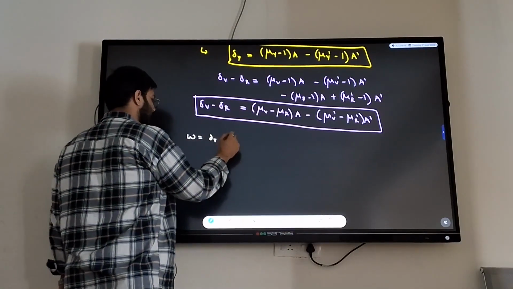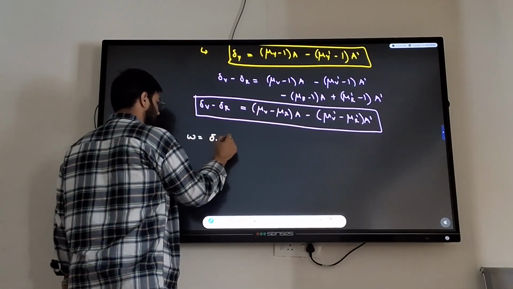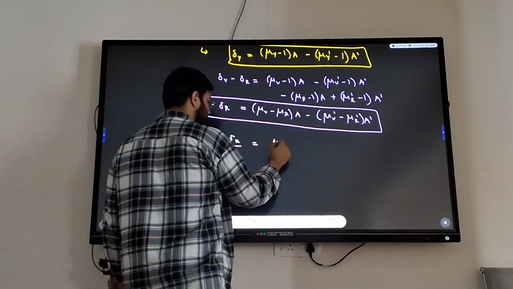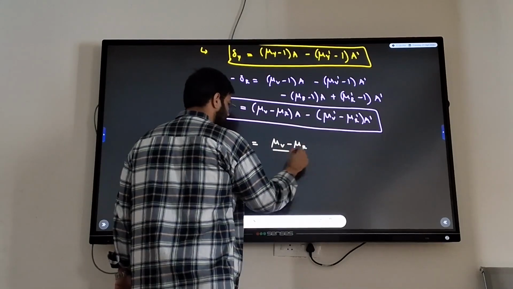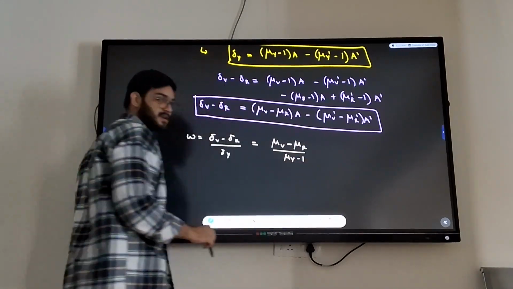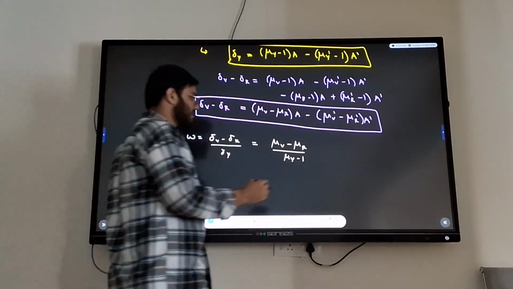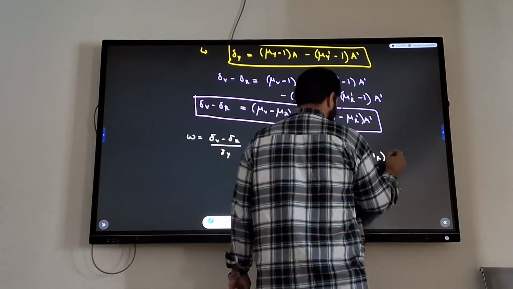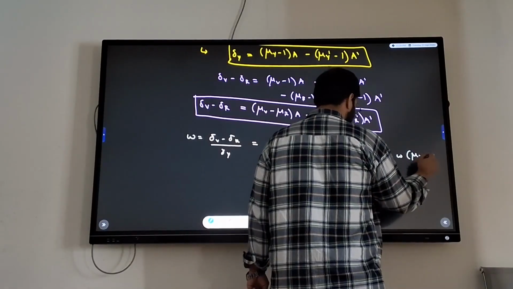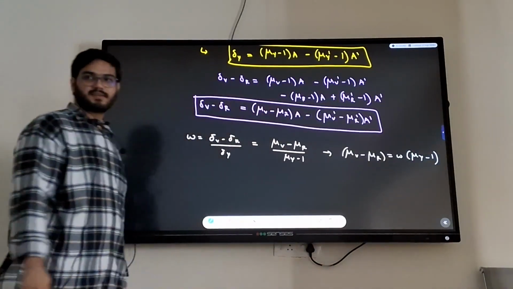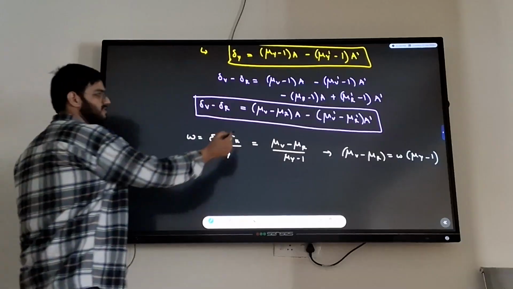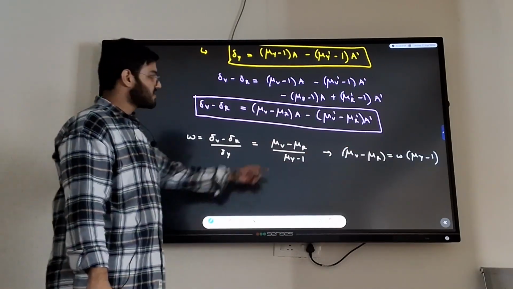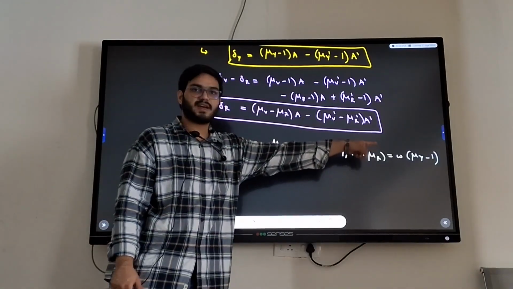This is delta v minus delta r over delta y, and another form was (mu v minus mu r) over (mu y minus 1). Yes or no? Then what was mu v minus mu r? That's equal to omega into (mu y minus 1). Is it okay? Then can you see that mu v minus mu r can be written as omega (mu y minus 1)? Also here with dashes, so I should just put dashes there.